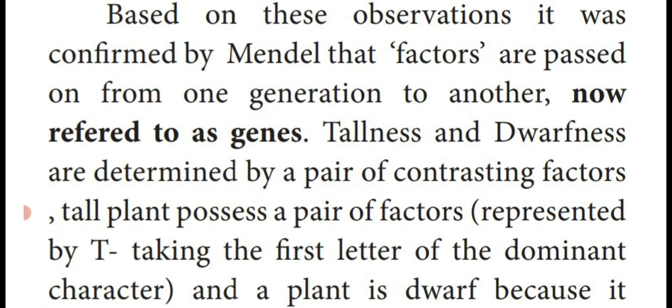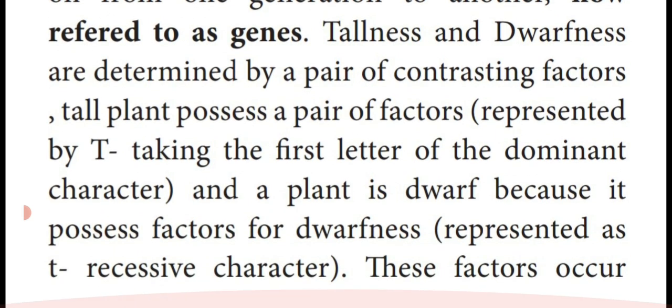If they are exhibiting the dominant character, which is denoted with capital letter, capital T, tall for T, and the dwarf plant is the dwarfness, which is represented as small t or recessive character.